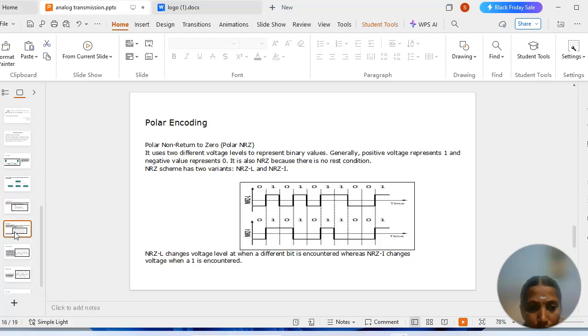Non-return to zero has two variants, non-return to zero L and non-return to zero I. Non-return to zero L changes voltage level when a different bit is encountered, whereas non-return to zero I changes voltage when a 1 is encountered.